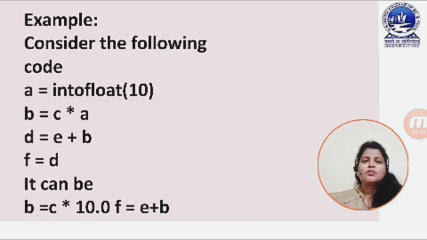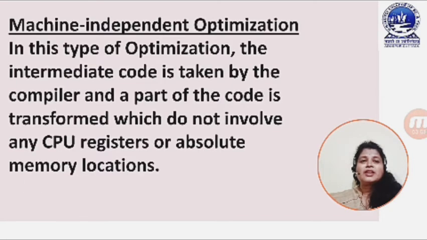So it is code optimization. If you use a function for converting, it will take more resources. Instead of using a function, just add .0. And the next is f = e * b. In this way we can eliminate or minimize the code. In this way we are optimizing the code.